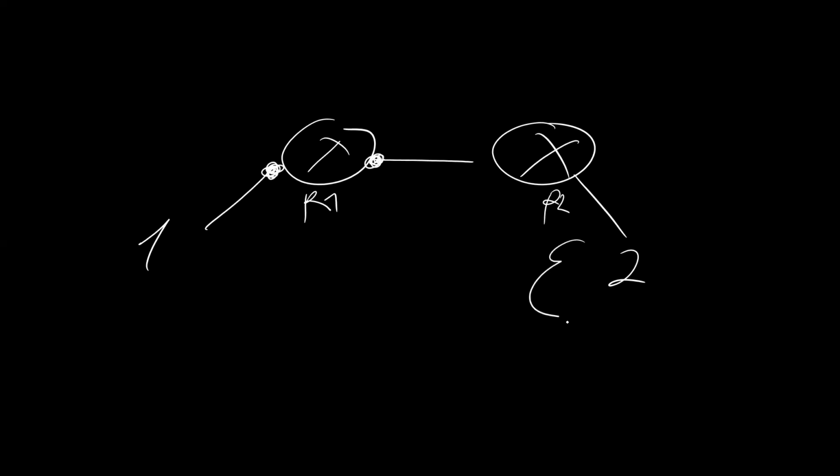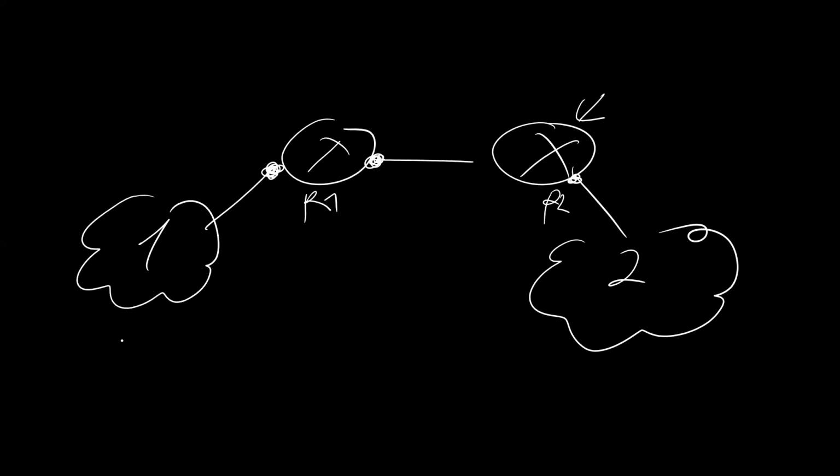This network is not known here. This network is known by this other router. We are trying to send information from this network right here to this network. But if we have not configured routing, when traffic gets here, it gets stuck.